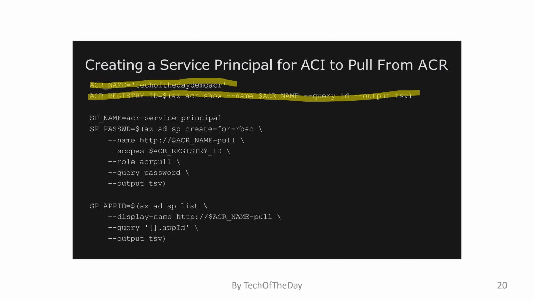Next we will define a variable for the service principal name and then use az ad sp create-for-rbac to create the service principal, retrieve the password, and store that in the variable SP password. Going through the parameters for the command, first up we have the name, which is the name of our service principal.